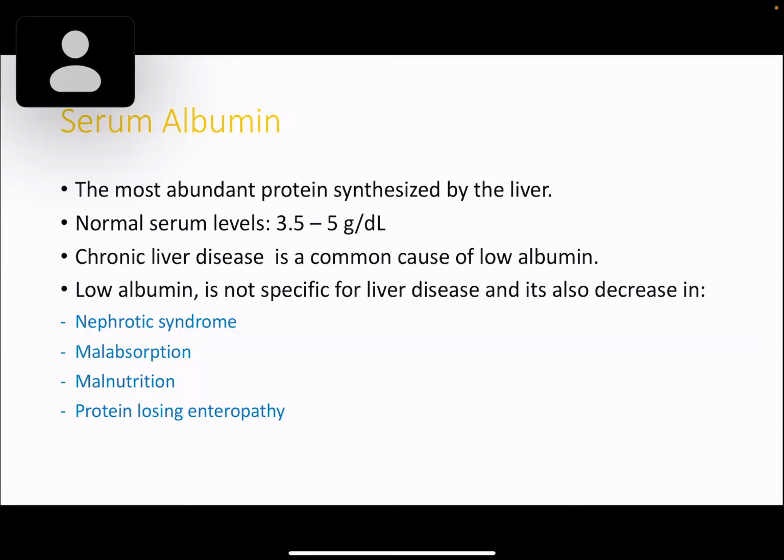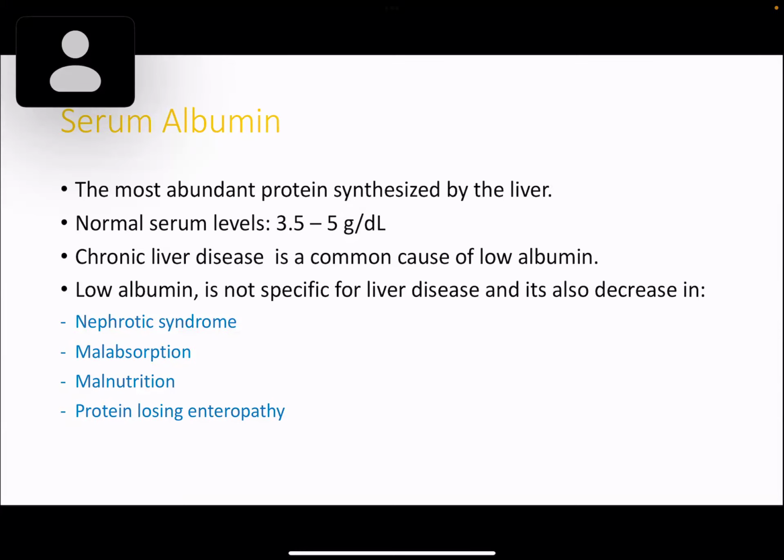Liver disease, especially chronic liver disease, is a common cause of albumin reduction, hypoalbuminemia. However, low albumin is not specific for chronic liver disease. It can be caused by many other conditions, especially chronic kidney disease, nephrotic syndrome, malnutrition, malabsorption, and protein-losing enteropathy.